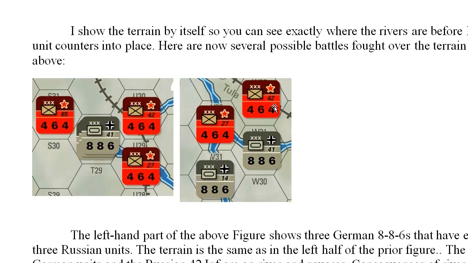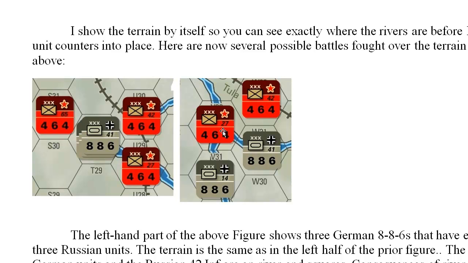On the other hand, if hiding off the map here there was a German 4-4-4, the German 4-4-4 is not on a river line. It acts as an undoubling unit, and the odds would then be 8 plus 4 equals 12 to 6 or 2 to 1.